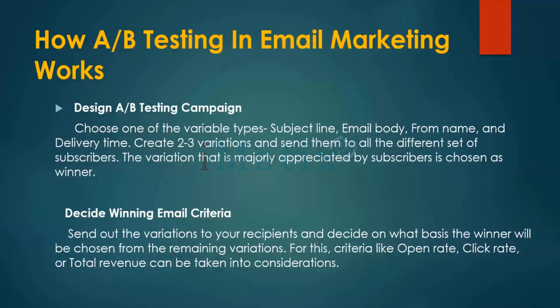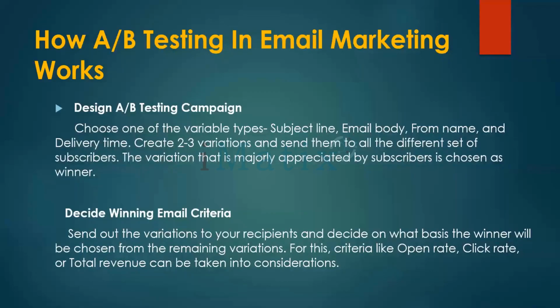Open rate and click rate: open rate is how many people are opening the email, and click rate is how many click on a button, if there is one. In many cases we do not open the email. In many cases we open it but do not take any action.